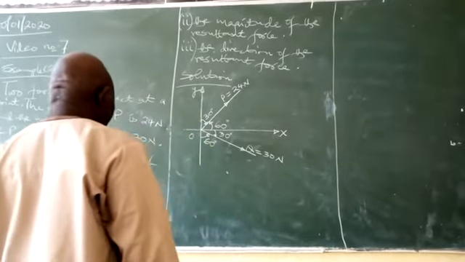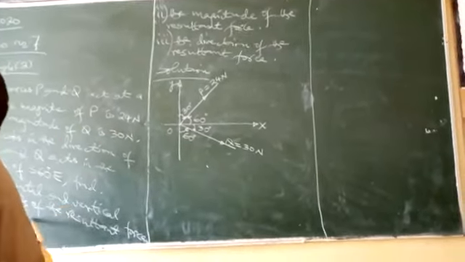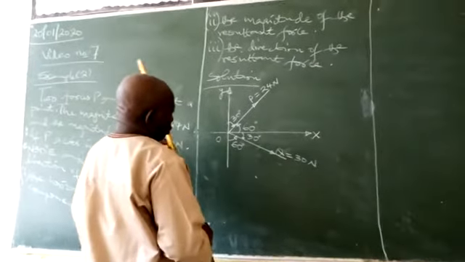This is the location of the given forces. So the first question is that we should find the horizontal and vertical component of the resultant force. So what do we do?